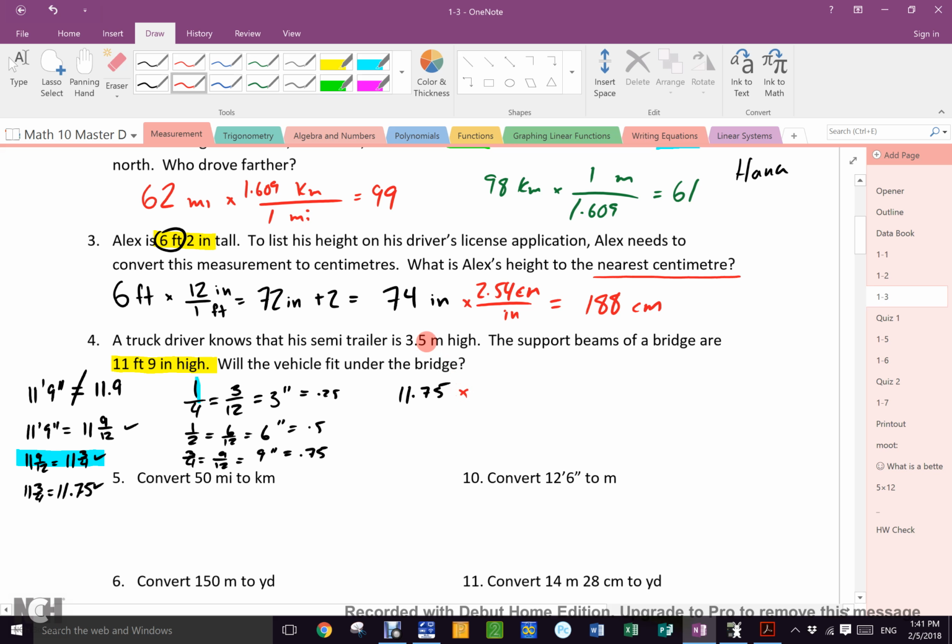I know my truck is 3.5 meters high, so I better change this to meters. 1 foot is 0.3048 meters.